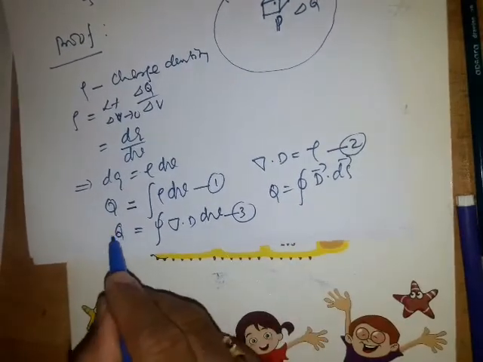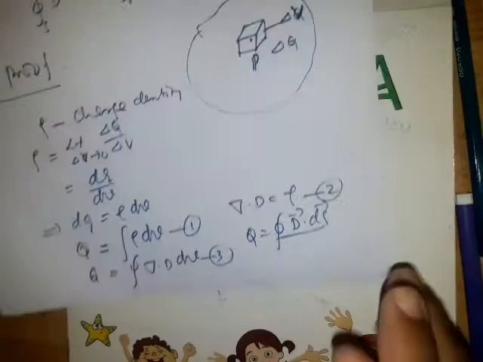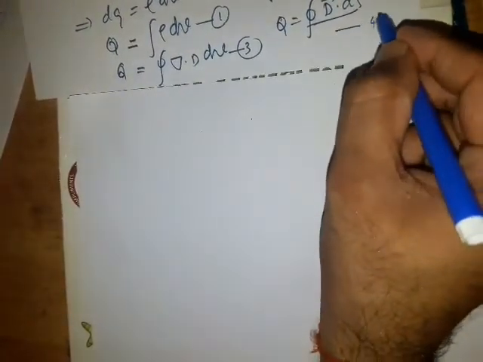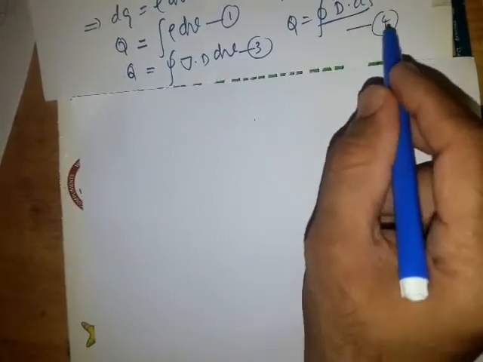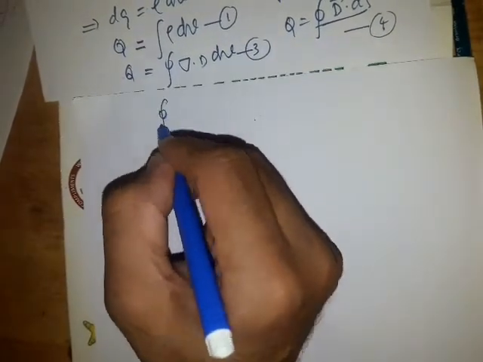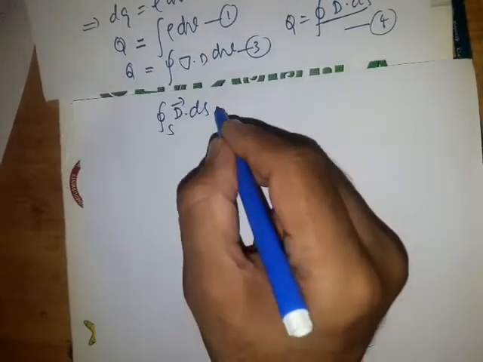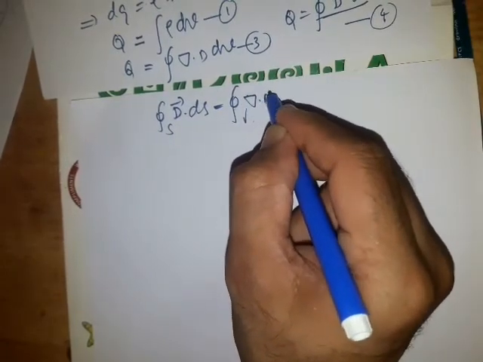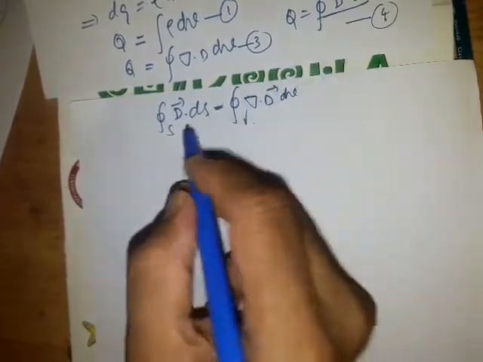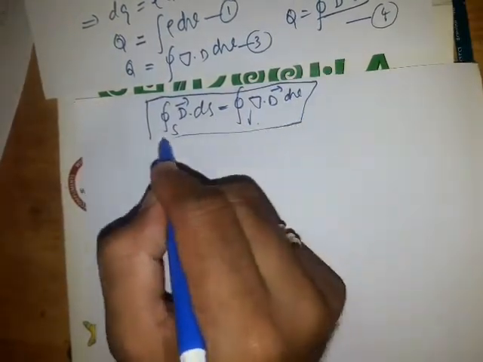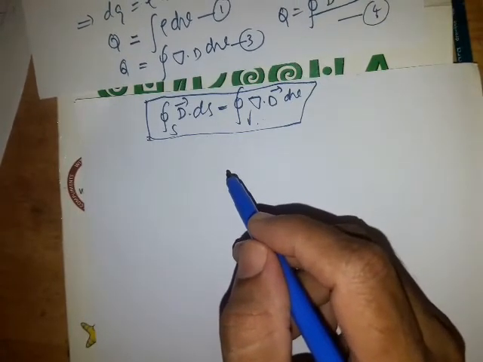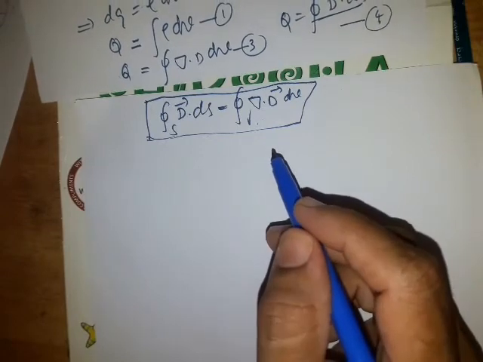So I can replace this Q by this term, equating 4 to Q. So it becomes the surface integral of D dot ds is equal to the volume integral of divergence of D dv. So this is nothing but Gauss divergence theorem. So with this I conclude my second talk on Maxwell's equations. Thank you.